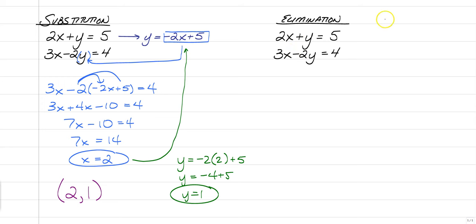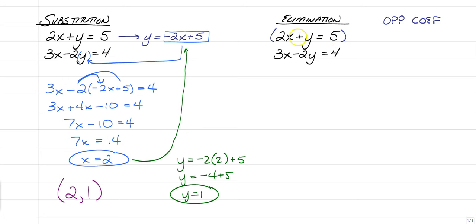But what you need is opposite coefficients for either one of the variables. So can you multiply 2 to get 3? Not without using a fraction. Can you multiply a 1 to get a 2? Yes, easily. But you want 1 to be positive and 1 to be negative. So we can multiply this y by a positive 2, and that will be opposite of a negative 2.